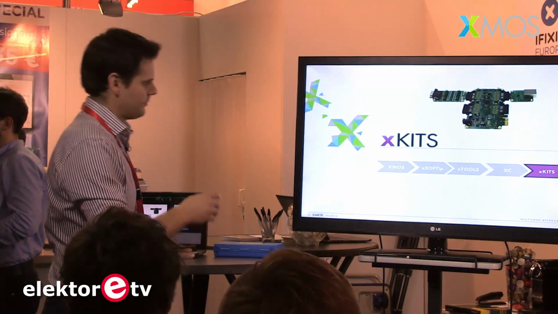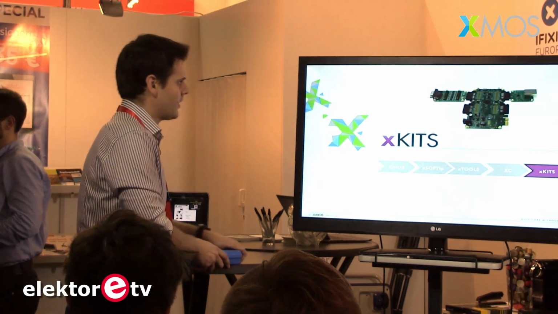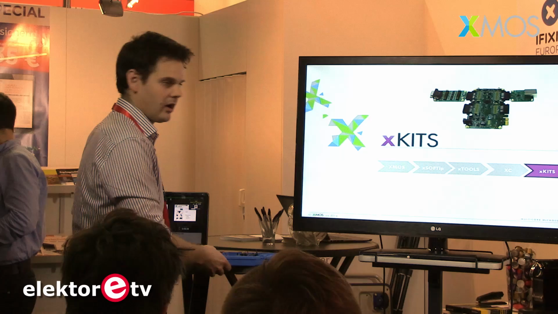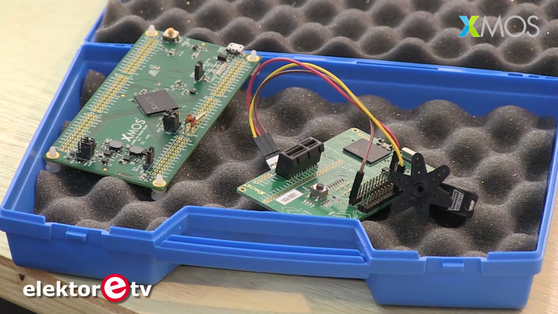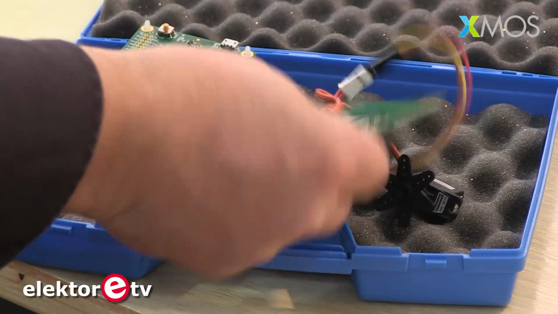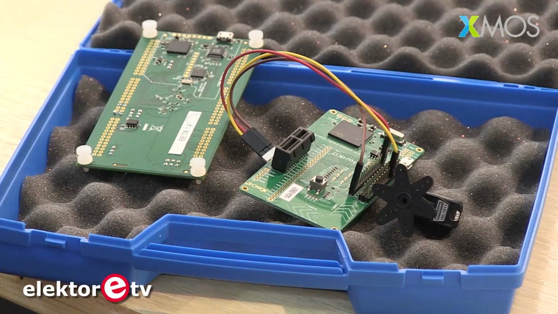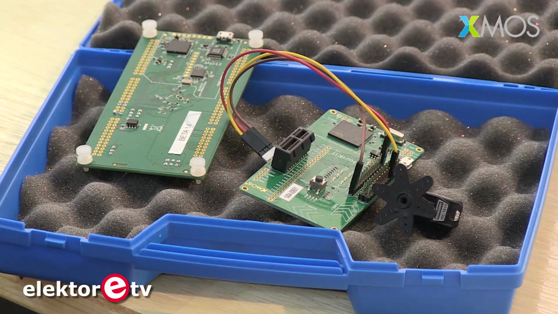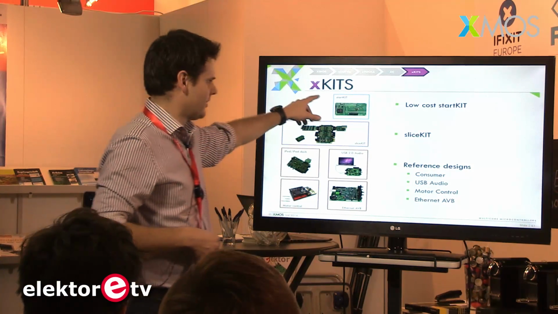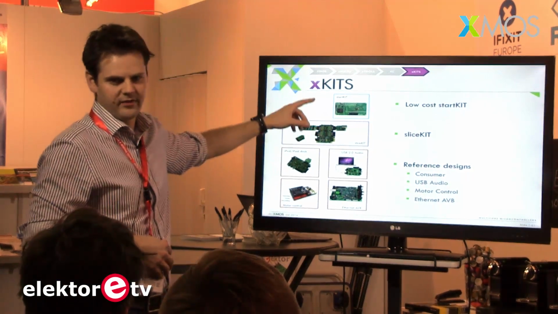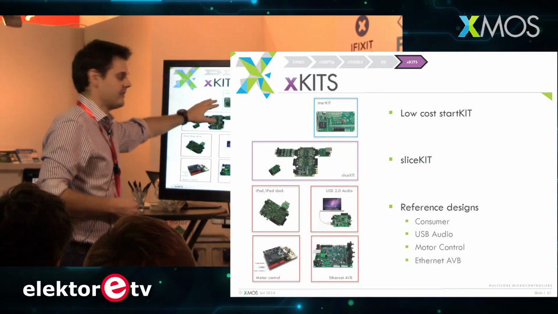I'll briefly talk about the development kits that we have, and then we can have some time for questions. Maybe you'd like to just pass that around. We have different variants of our development kits. startKIT, which is what's shown in this box here, is our low-cost kit, $14.95. It is a very functional device.